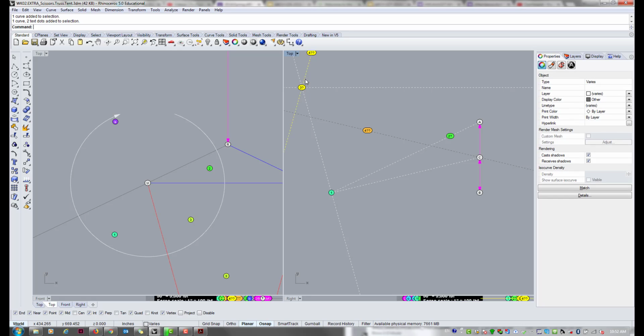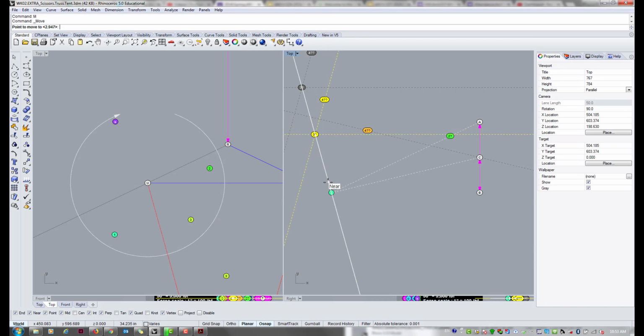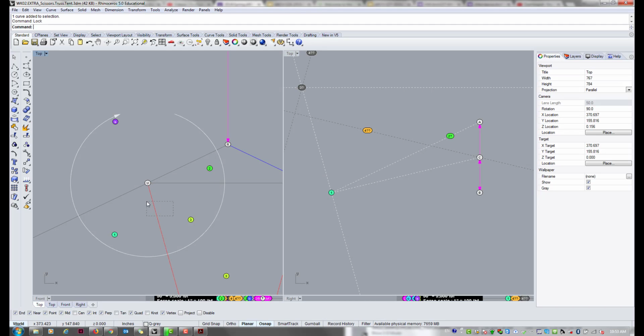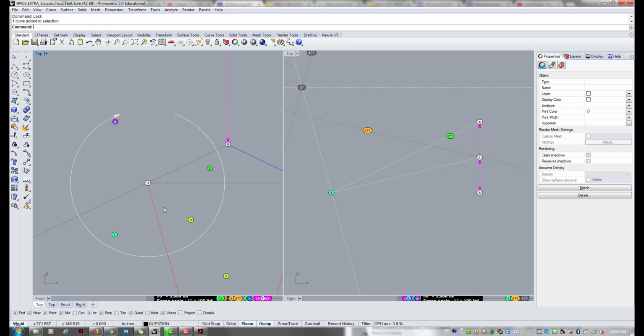So wherever point 2 and point 3 end up being, there's going to be some sort of relationship like that, but the whole thing is unreliable still.